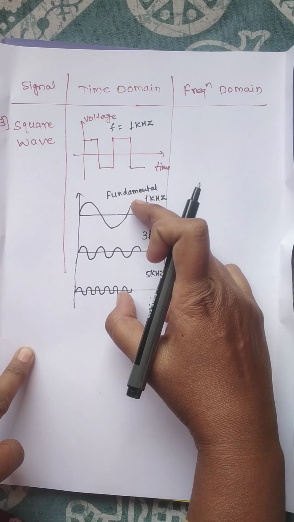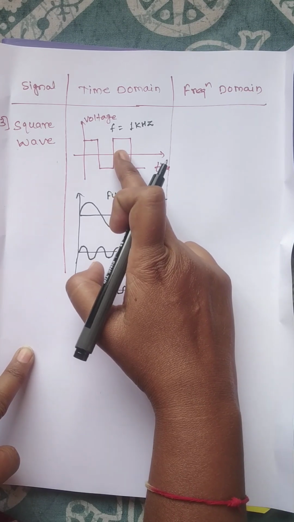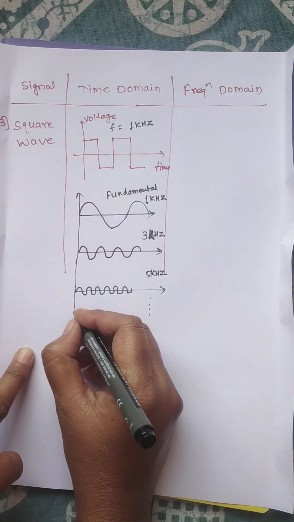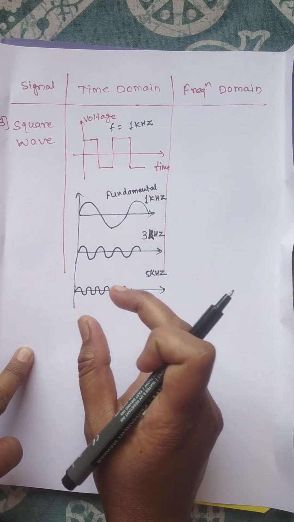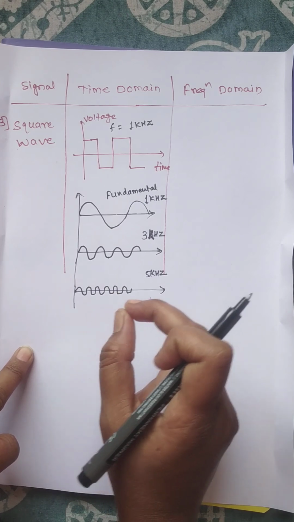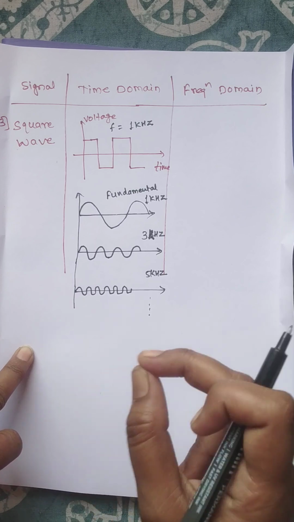And if you add all these together, we will obtain a square wave. But again, for the next one, 7 kilohertz, its amplitude will go on decreasing. So for further components, the amplitude will go on reducing.